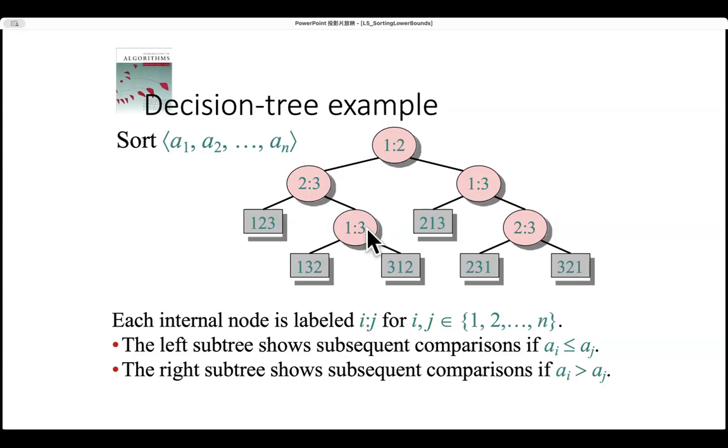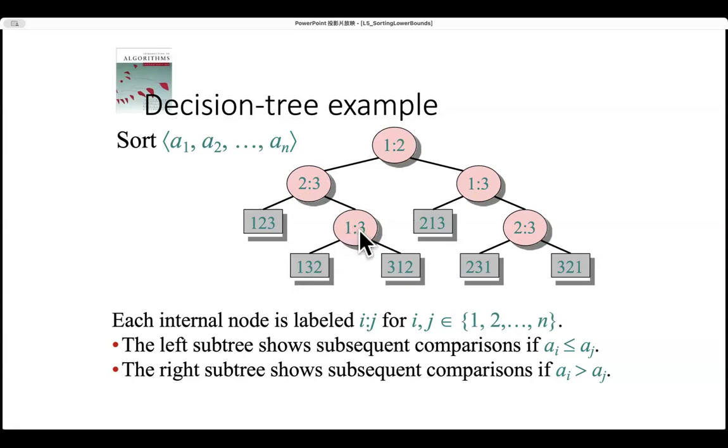You compare the first number with the third number directly to tell which one is smaller. If the first number is still smaller than the third number, then based on the comparison results of the previous internal nodes, we know the order of these three numbers will be 1, 3, 2.